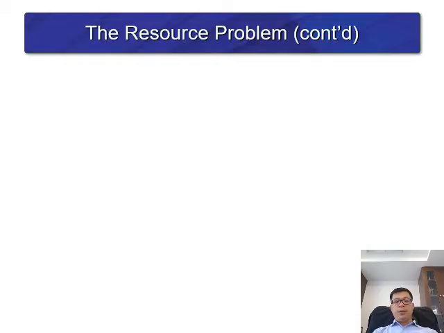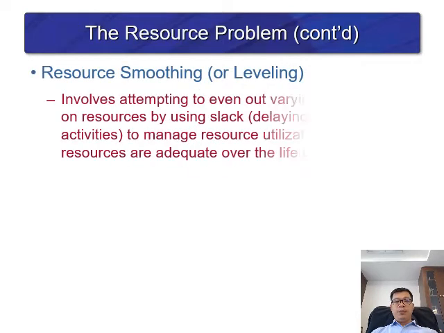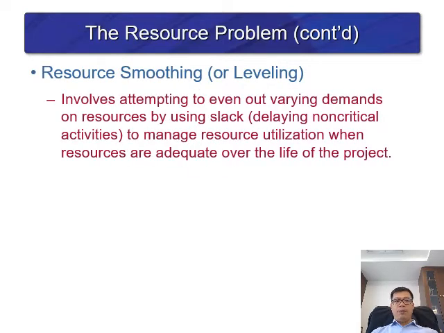Okay, we continue to deal with the resource problem. First is resource smoothing or leveling. It involves attempting to even out varying demand on the resource by using slack time, in case of delaying a noncritical activity, to manage resource utilization when resources are adequate over the life of the project. Smoothing means the project will be executed according to the plan.